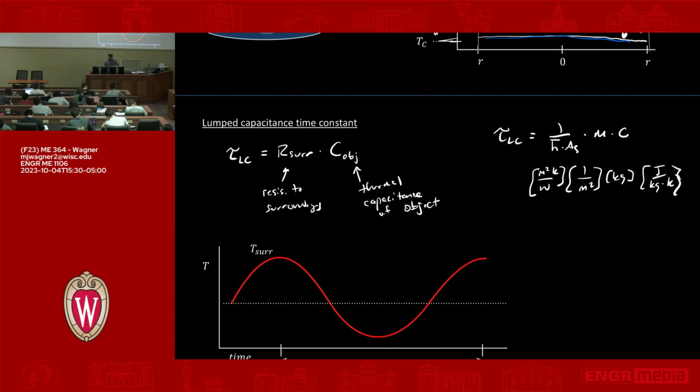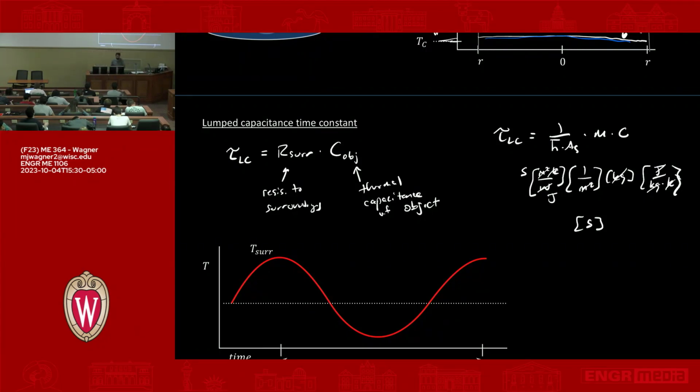If you go through and cross stuff out, meters squared, kilogram, Kelvin, joules, and then watts is actually joules per second, you end up with units of seconds. So tau LC is actually a time in seconds that you would expect your system to take to respond.